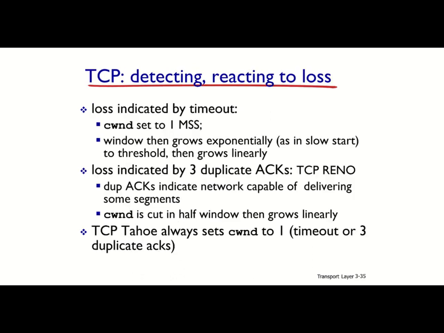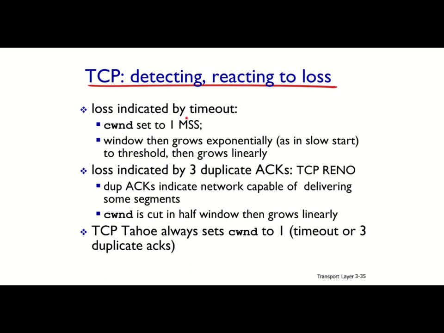So as I said before, there are 2 indications of a loss. One indication of loss is that we reach a timeout. This is a more severe indication of loss, and that's a sign of severe network congestion. Since it is a sign of severe network congestion, you have to set CWND to 1 MSS.